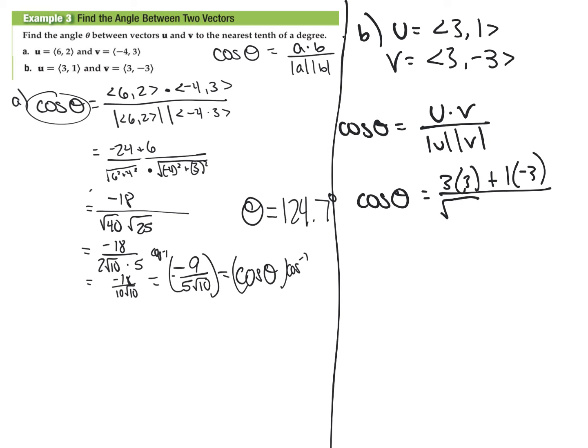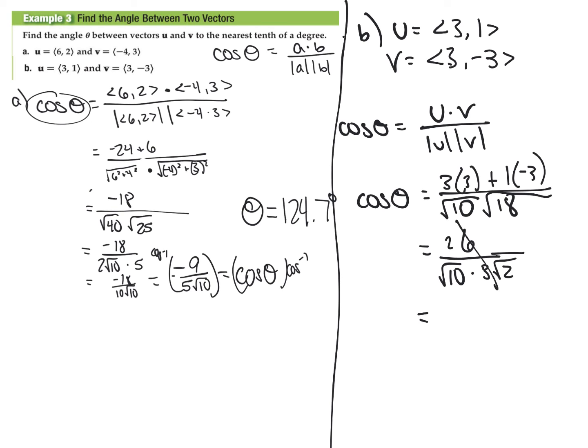over the magnitude of u, which is, let's see, the square root of 3 squared plus 1 squared, that's the square root of 10, times the magnitude of v, 3 squared plus 3 squared, that's 18. So we get 9 minus 3 is 6 over root 10 and root 18. Root 10 we can't do anything to. 18 we can change to 9 times 2, then you get 3 root 2.